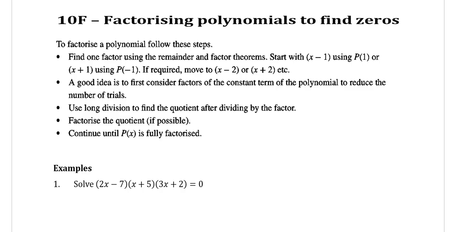Then it's a good idea to first consider the factors of the constant term at the end of the polynomial to reduce the number of guess and checks that you have to do. Then use long division to find the quotient after dividing by your factor, and then factorise the quotient if possible. Then you will hopefully be able to have a fully factorised version of p of x.